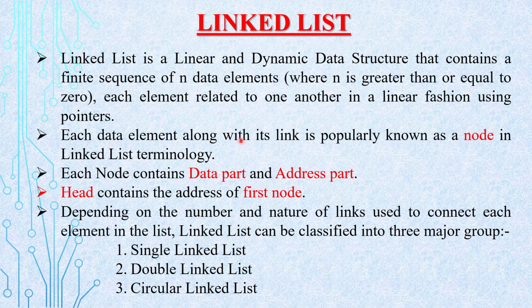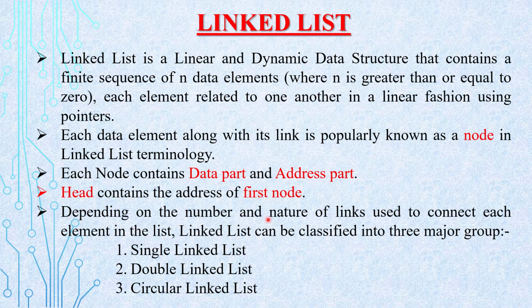Each data element along with its link is properly known as a node in linked list terminology. Each node contains a data part and an address part. Head contains the address of the first node.